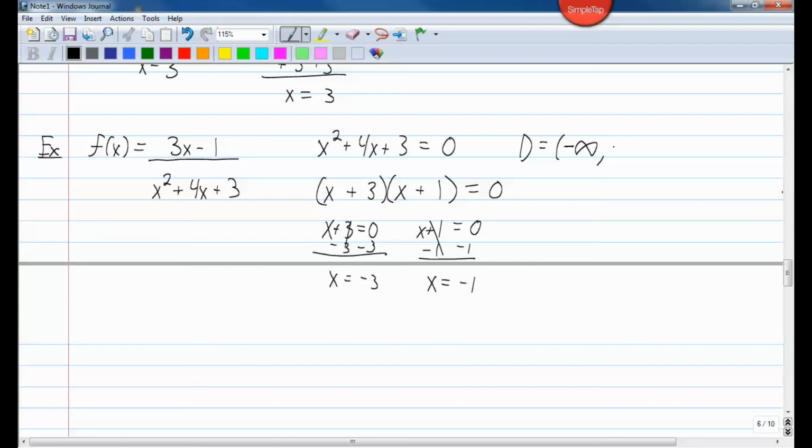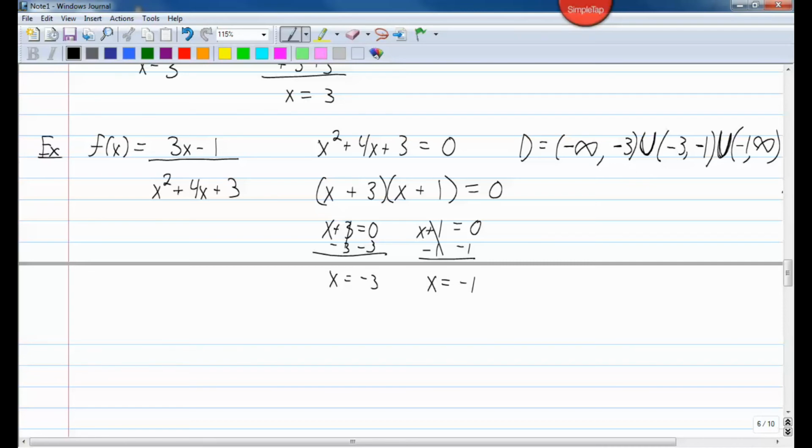So it's negative infinity to negative 3, parentheses, union with, parentheses, negative 3. Then after negative 3, as we got closer and closer to 0, we'd come to negative 1. So negative 3 to negative 1, parentheses, union with, now negative 1 to infinity.